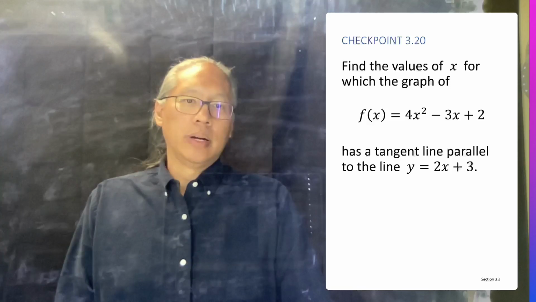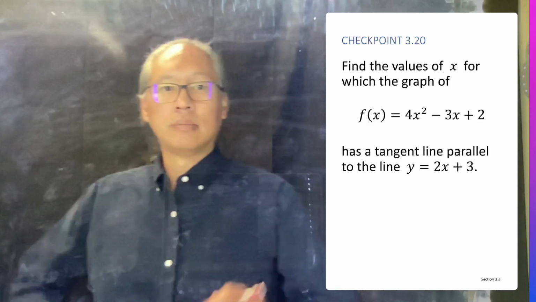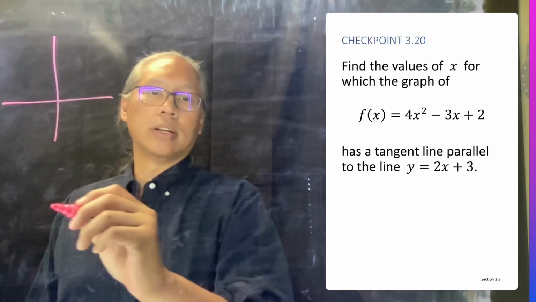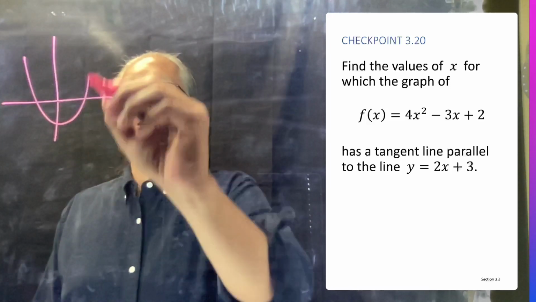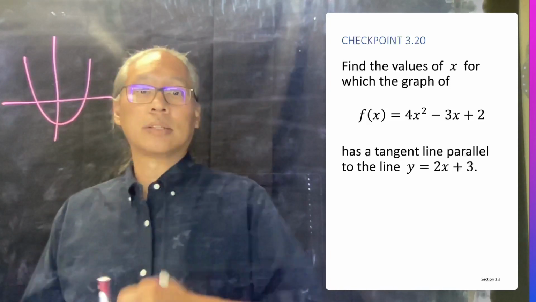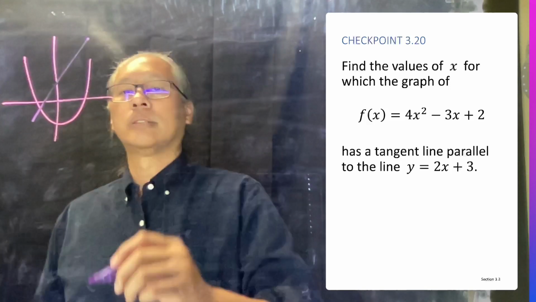So if you can imagine that this is some sort of parabola, and I'm just going to draw a rough sketch without really knowing how this thing looks. And then you have this line, 2x plus 3, say it looks something like this.